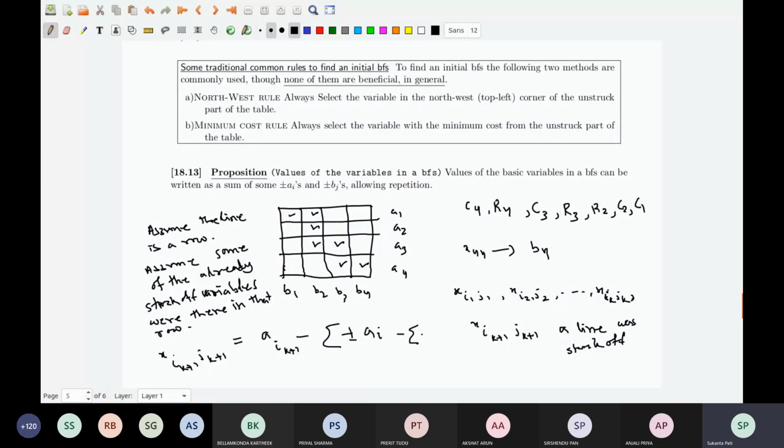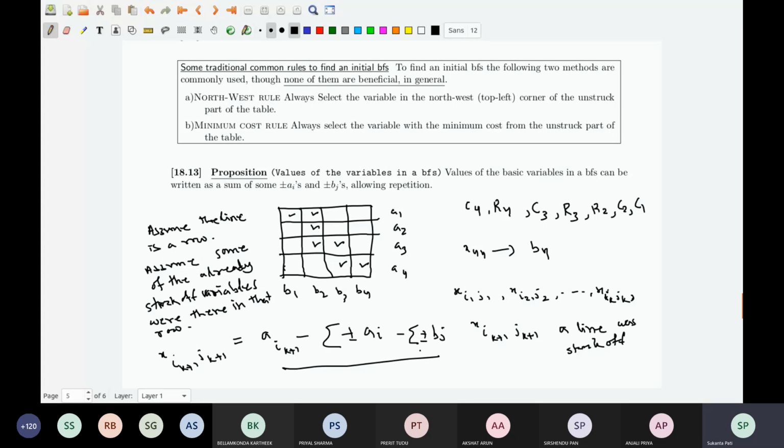So in totality, you will have a combination of plus minus ai's and plus minus bj's with repetition. It doesn't matter. The value of x_ik+1 j_k+1 also has the same form. It is ultimately a combination of many plus minus ai's and many plus minus bj's.